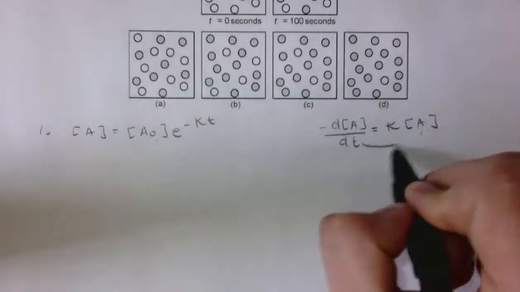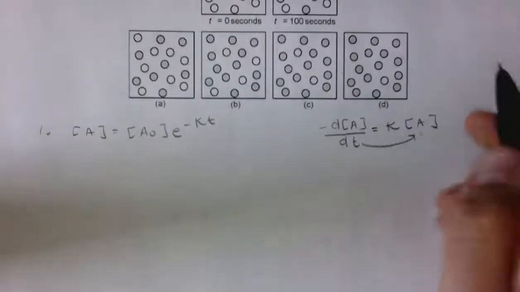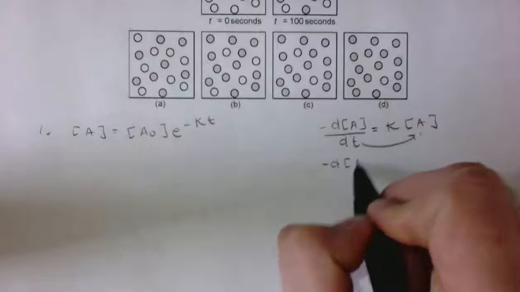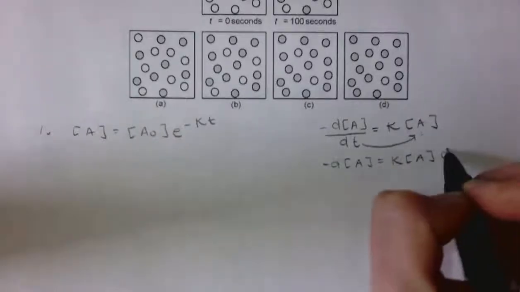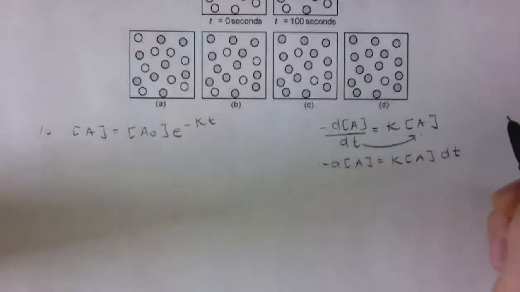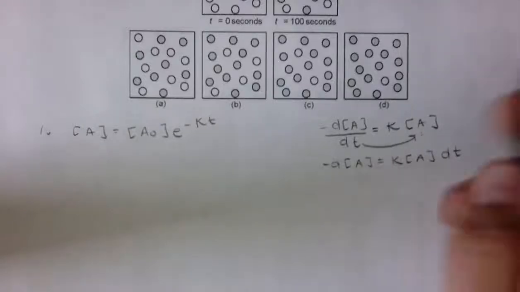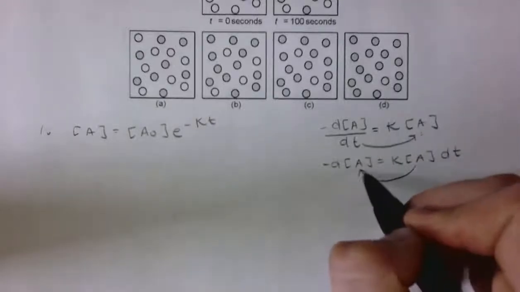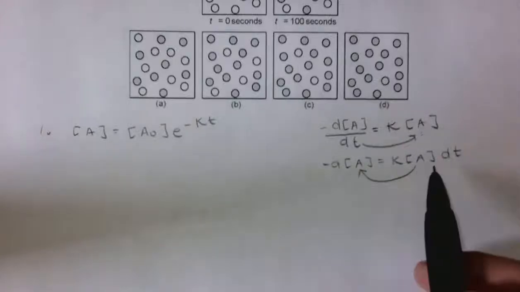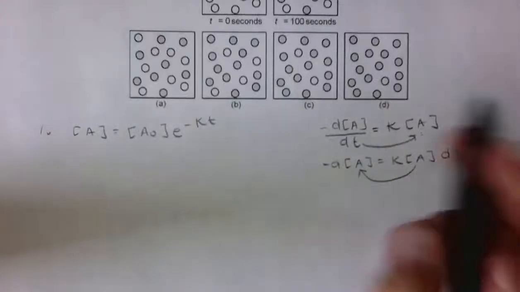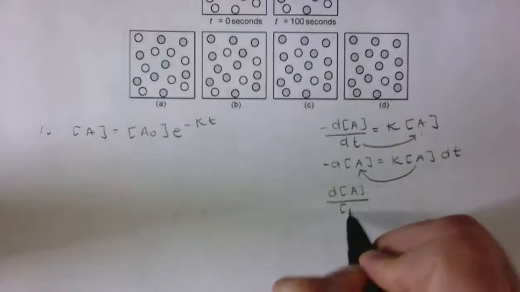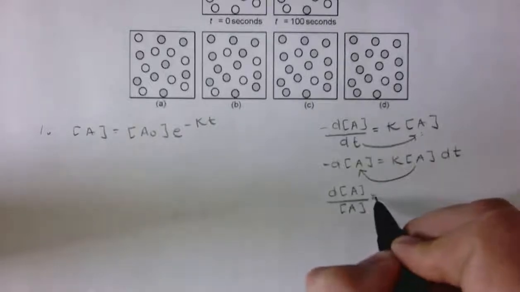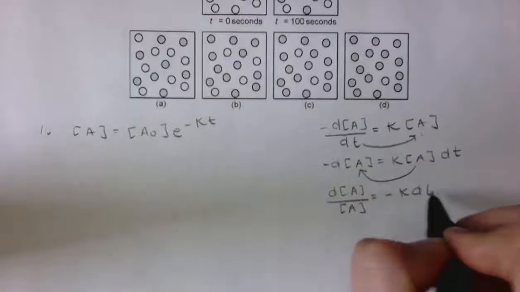So I'm going to move this dt to this side and get negative dA equals kA dt. And then isolate all of my A's on one side. I'm going to move this A over and transfer the negative to our side with dt. So I end up getting dA over our concentration of A equals negative k dt.